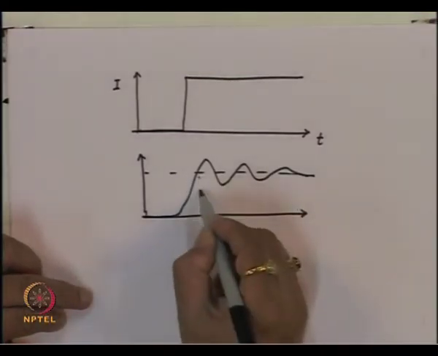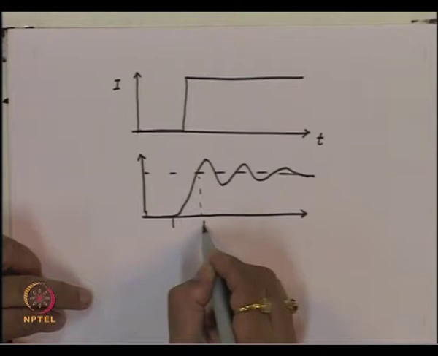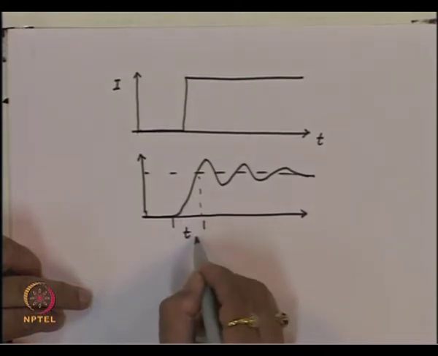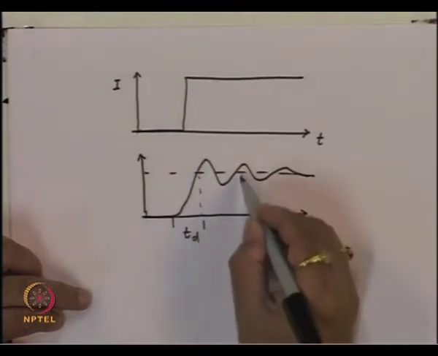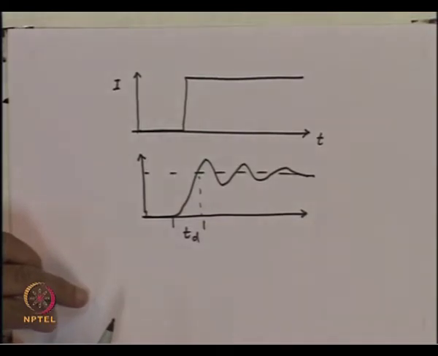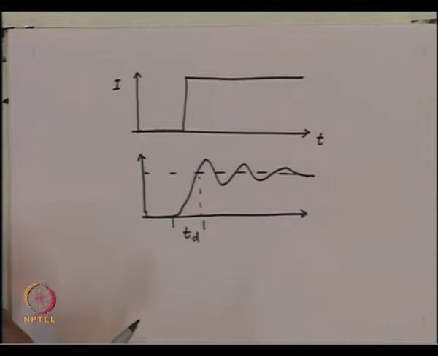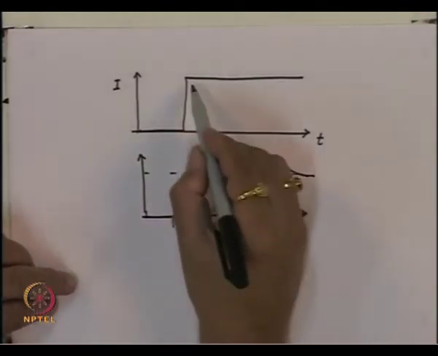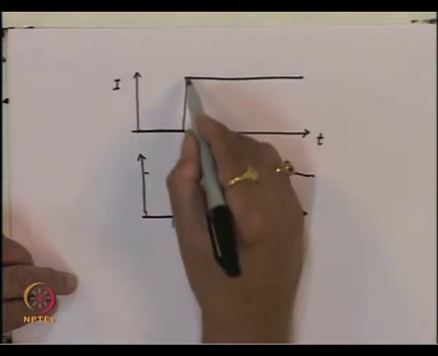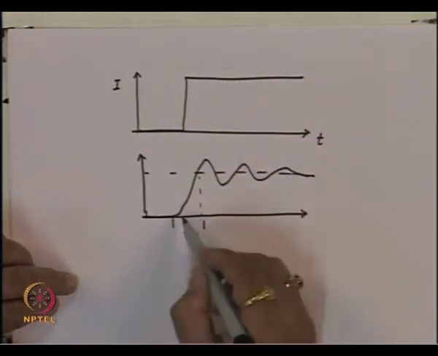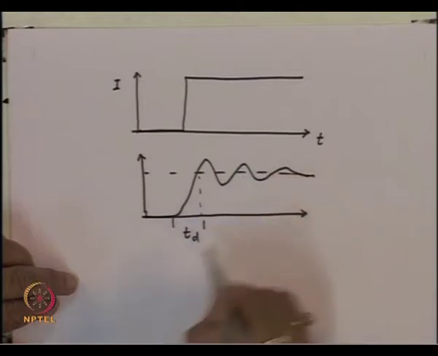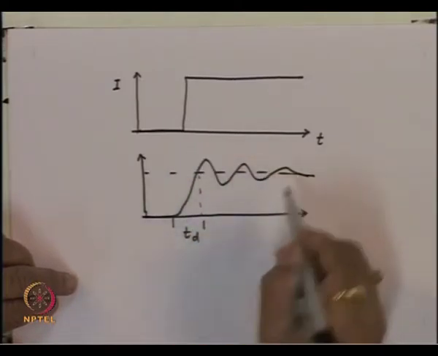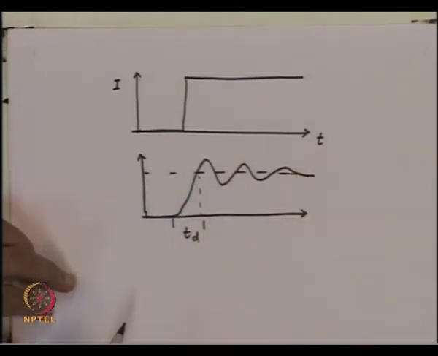So, you will have a delay associated with this, that is what we already talked about, this is Td, but you have this phenomenon of oscillation also which is related to this. This is what is called the relaxation oscillation of the laser. In fact, if this was not a constant thing like this, suppose it was a pulse, the optical output will not be a pulse-like thing, it will be some kind of a ripple riding on that pulse.